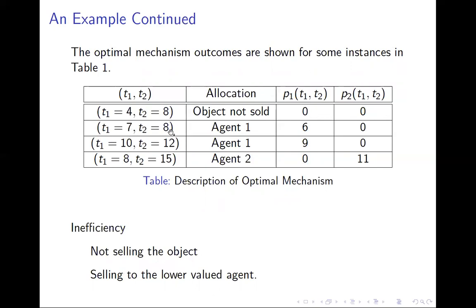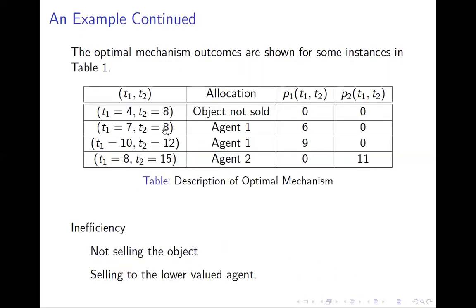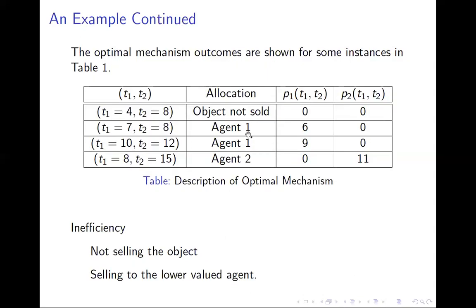our auction. If the type profile is 7 and 8, then agent 1 has positive virtual value. Agent 2 still has negative virtual value. Okay. So agent 1 wins the auction, because he's the only agent who has positive virtual value. What is her payment? Well, we need to look at the infimum type at which she starts winning.